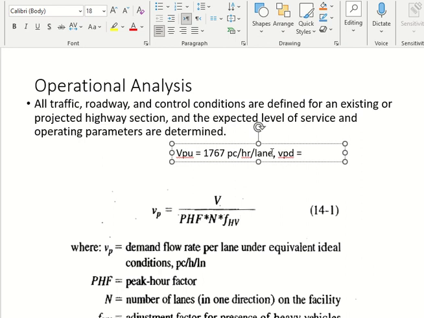Peak hour factor, how much? 0.88. Yes, tell me. Up 1758.66. Okay. And down? 0.91. 1623.